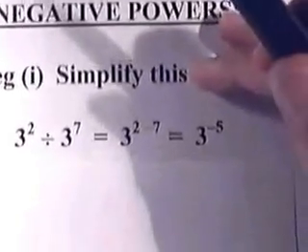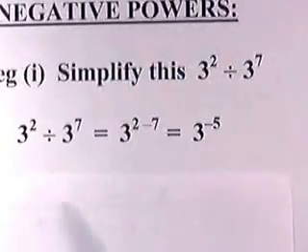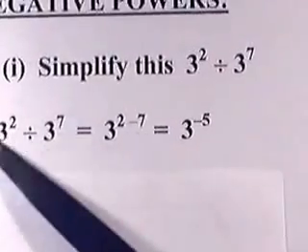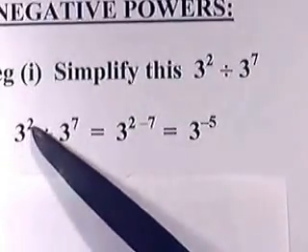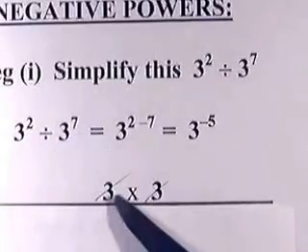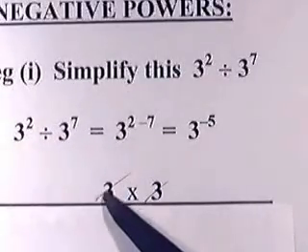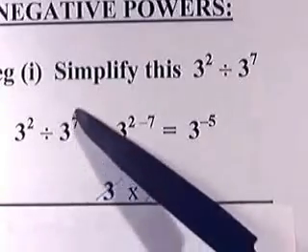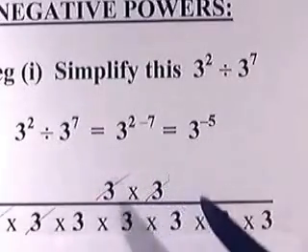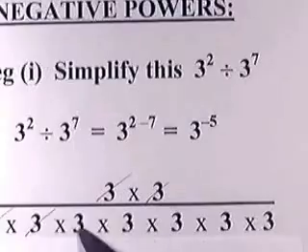Okay? And if we did this the long way, we would write 3 to the power of 2 on the numerator, so it's 3 times 3, and on the denominator we'd put this thing written out fully. 1, 2, 3, 4, 5, 6, 7.